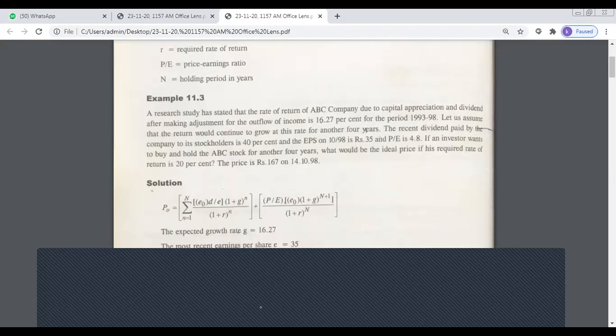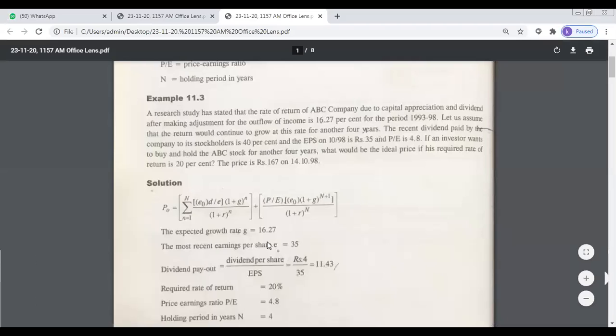So what is 40% of 10 rupees? 4. So 40% of 10 rupees is 4 rupees, right? That is where I get the dividend from. So this is my dividend.